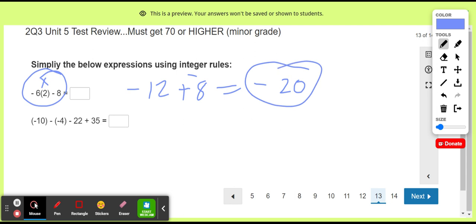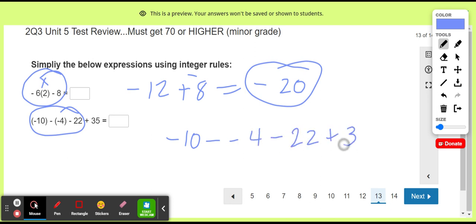And there's a lot going on in this one. So let's write it out. Negative 10 minus negative 4 minus 22 plus 35. So as soon as we see the subtraction here, subtracting negatives means you're getting more positive. And here we're subtracting 22, which means you're getting more negatives.